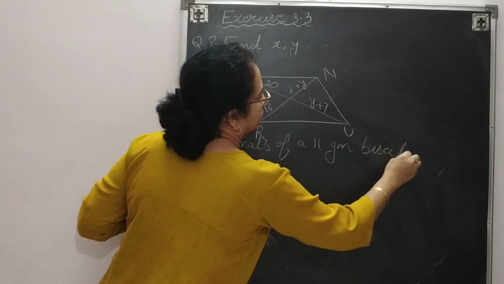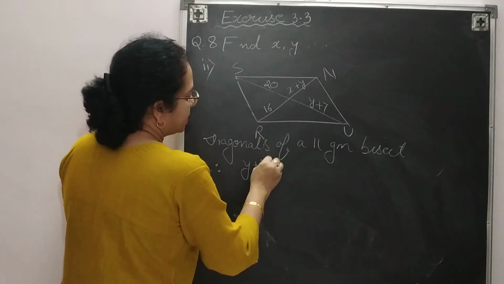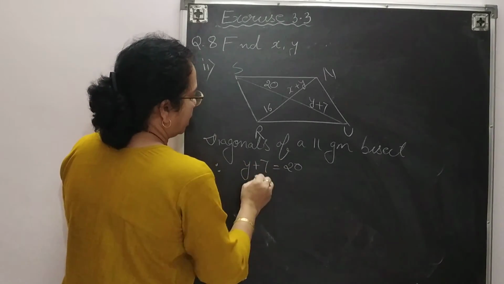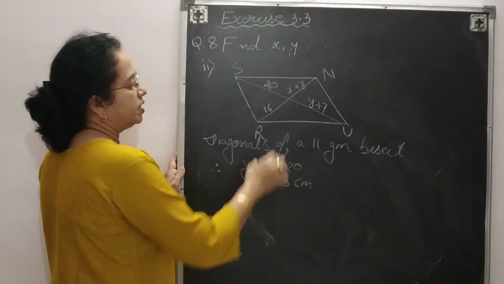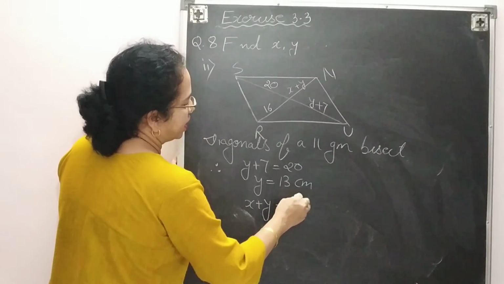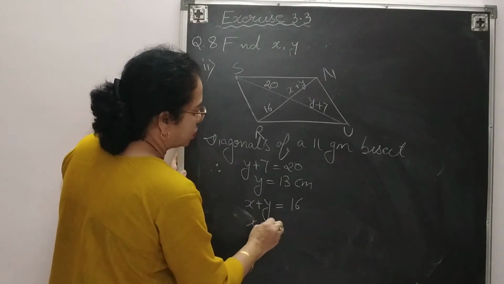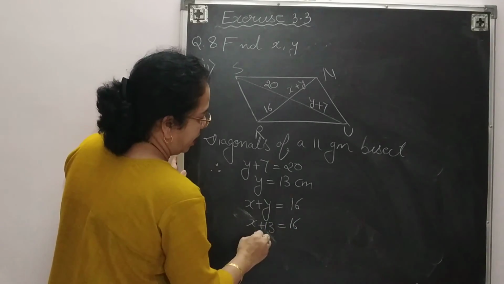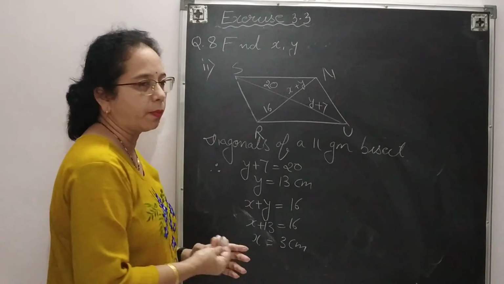Therefore, y plus 7 is equal to 20 and y is equal to 13 centimeter. Same concept we can use for the second diagonal also. x plus y is equal to 16. Value of y we know. Substitute the value of y and you will get x is equal to 3 centimeter.